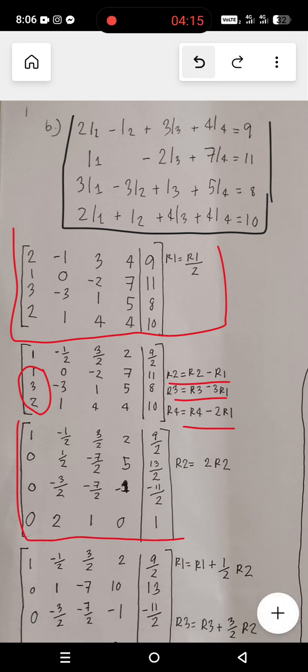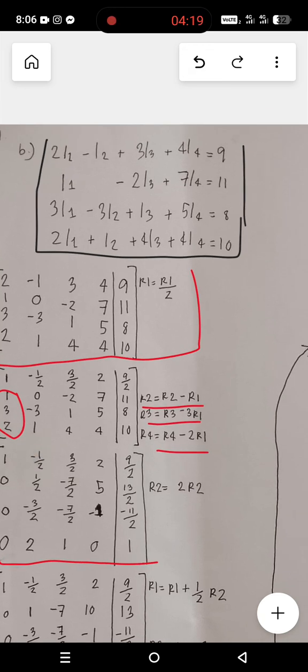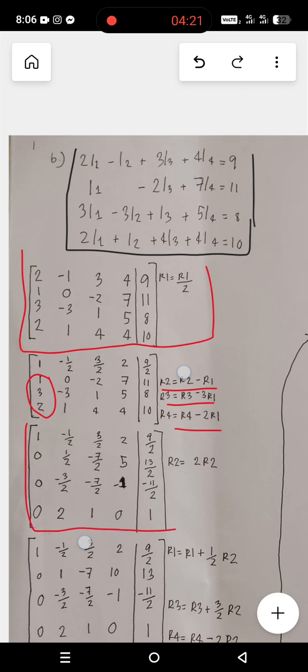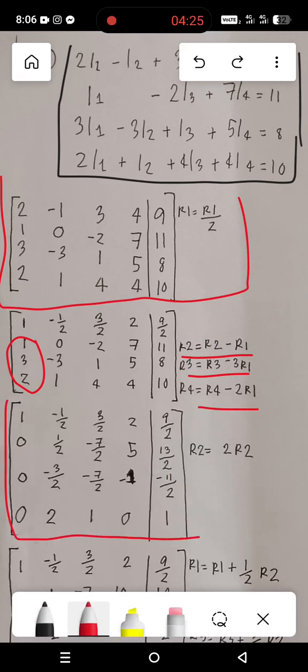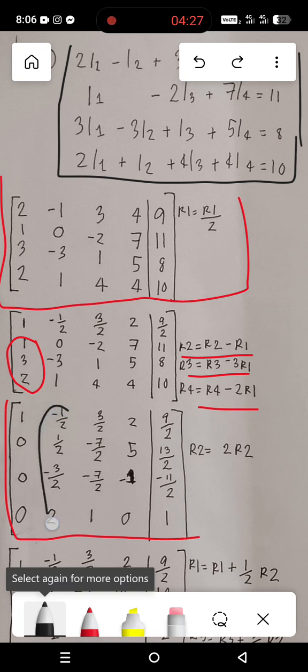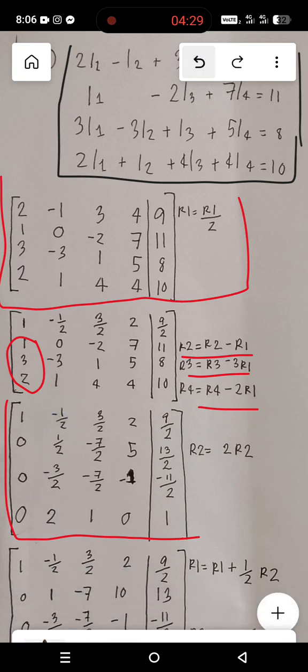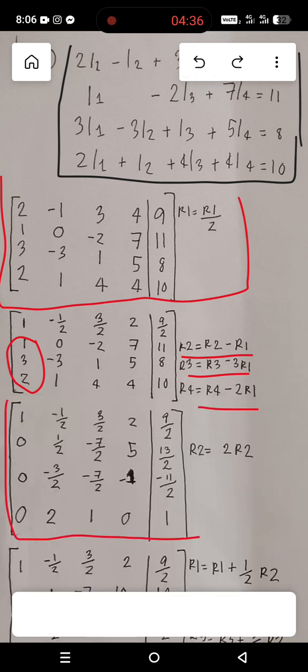And now we're going to work on our next column, which is this one. We're going to turn this one equal to 1. So we're going to multiply all values of row 2 by 2.